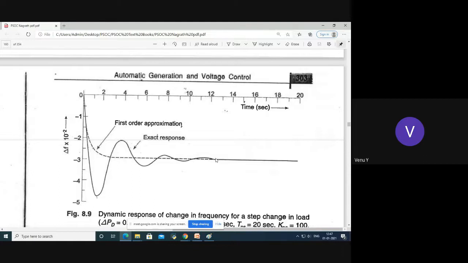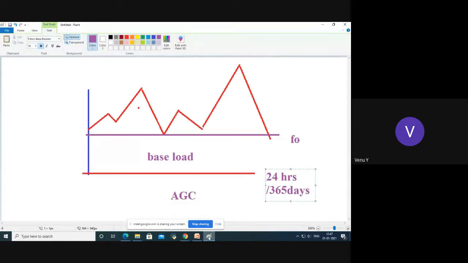Okay, are you following, or any questions here? So this is the base load approximate curve. It is not a straight line; actually, it is some zigzag variation. That is a very, very important practical point.